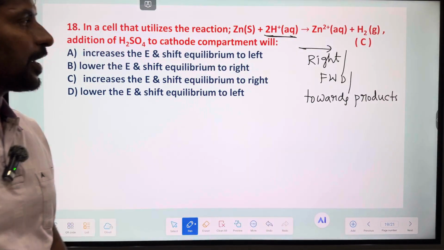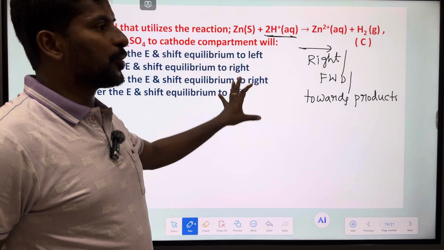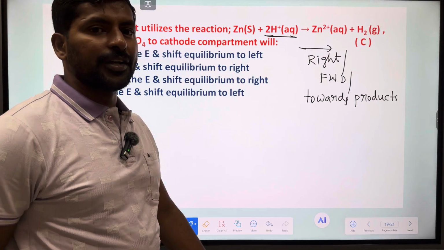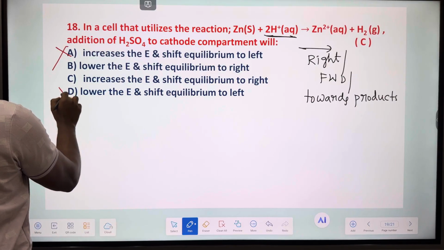Once again, we are increasing the concentration of H plus ions, then equilibrium shifts in the direction where H plus ions are consumed, that means forward direction, right, towards products. So shift to right is correct, and so options A and D are not correct.